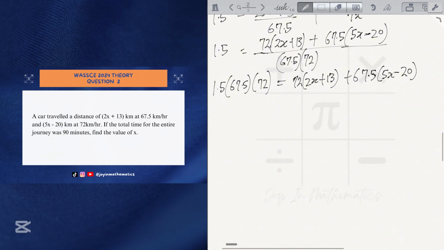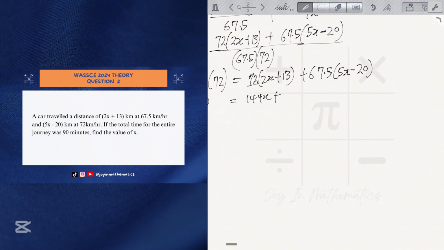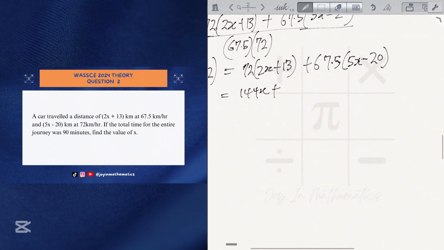On the left we have 7290, and the right gives 144x. 13 multiplied by 72 gives 936. 67.5 multiplied by 5x gives 337.5x, and 67.5 multiplied by minus 20 gives minus 1350.